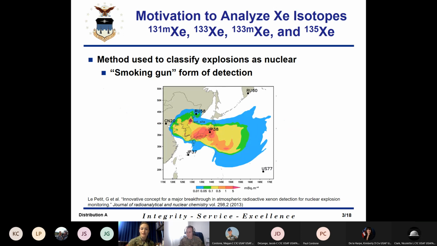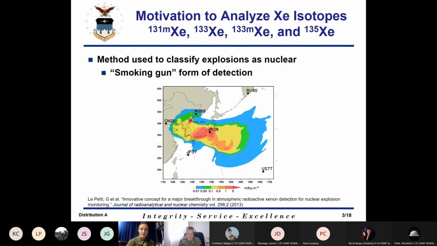So first, radio xenon detection. Why do we do it? Why is it scientifically significant? If you look at those isotopes up there in the title, those are used for nuclear treaty verification. Speaking broadly, radio xenon, or more broadly, radionuclide detection, is used to classify an explosion as nuclear.